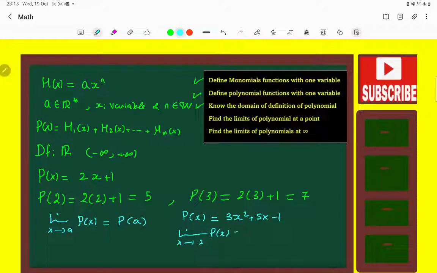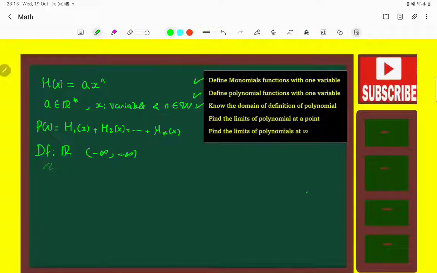So simply here I can say that this limit is equal to p of 2, in which I can go and replace every x by 2. So I'll get 3 times 2 power 2 plus 5 times 2 minus 1. So I'll get 12 plus 10 minus 1, 22 minus 1, so this will give 21.